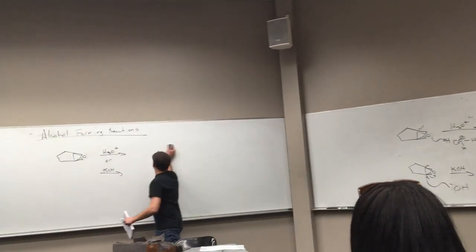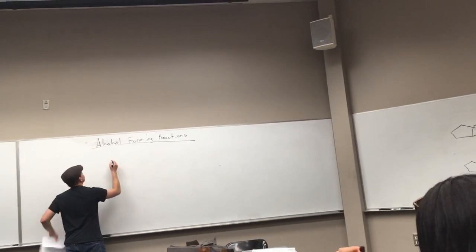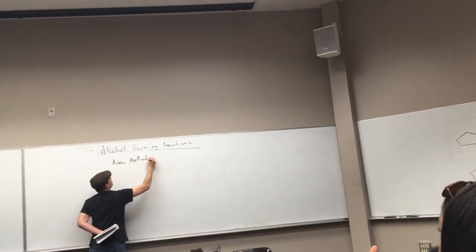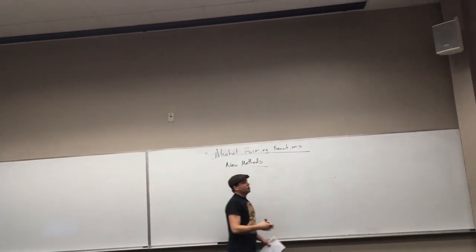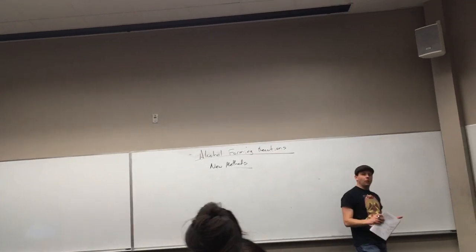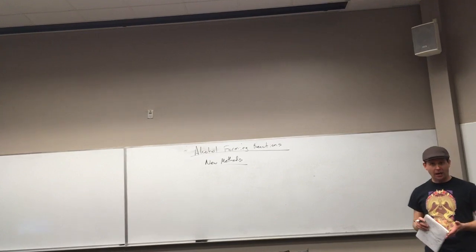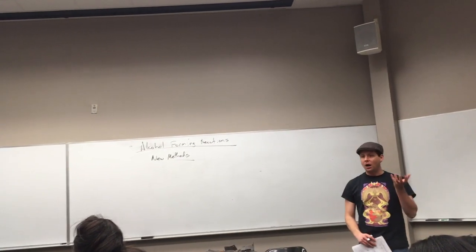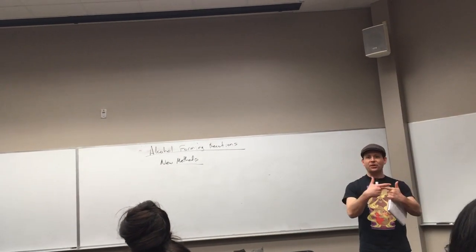Okay. We're going to do a few new ones now. Carbonyl compounds like carboxylic acids, ketones, and aldehydes are what we refer to as the oxidized form of alcohols. Oxidation and reduction go in opposite directions.